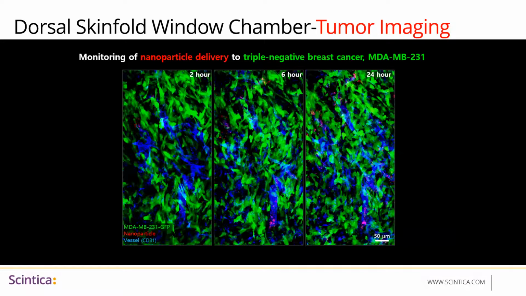So this is an example of what you would see through the dorsal skin window chamber. And this is monitoring of nanoparticle delivery to triple negative breast cancer. So a drug is delivered via nanoparticles to the tumor cells here, which are labeled with GFP. And the nanoparticles, which are really small here, if you want to look at it, you need to magnify, but you can still see them in red in these images.